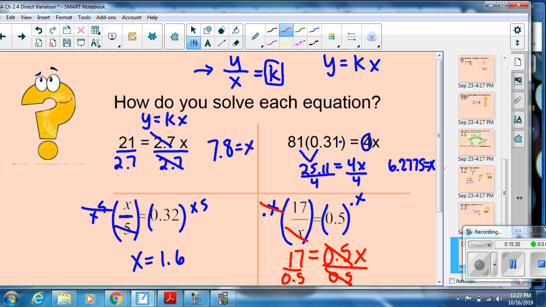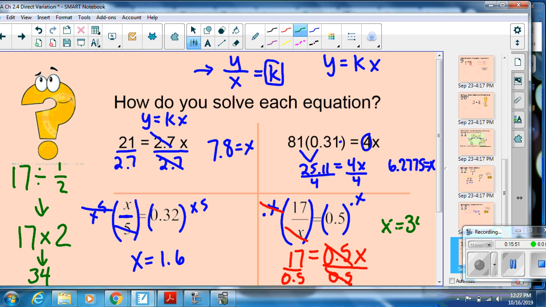I want to take a moment and do a little mental math here. 17 divided by 1/2 is really just the same as saying 17 times 2. So 17 times 2 is 34. Some of these we don't really need a calculator for. So x in this case is 34.